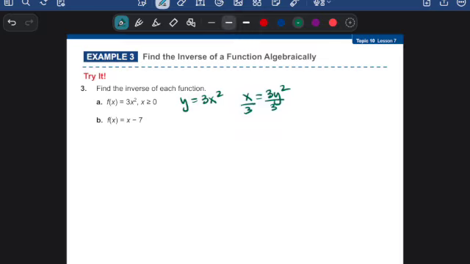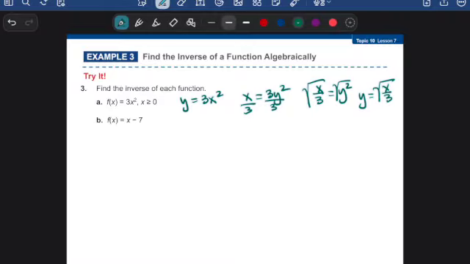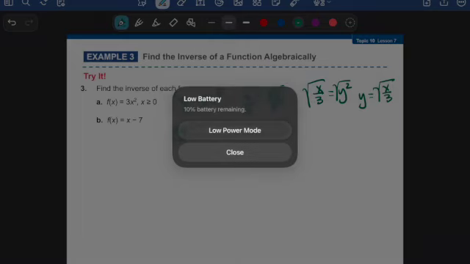Divide both sides by 3. Leaves me y squared equals x over 3, and then take the square root of both sides. So y equals the square root of x over 3. For part B, same thing. Y equals x minus 7.